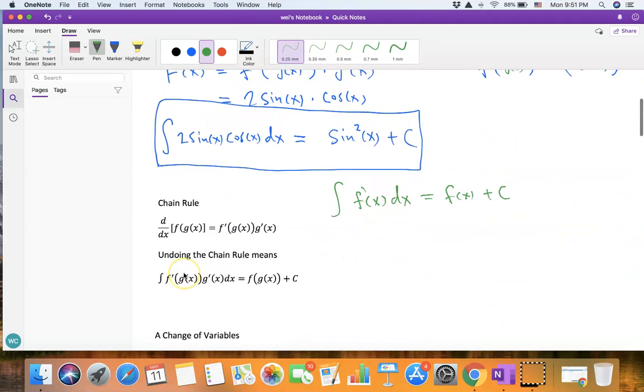So if we change g of x into u, f prime of g of x becomes f prime of u. Now, what about the g prime of x dx? What about this term?